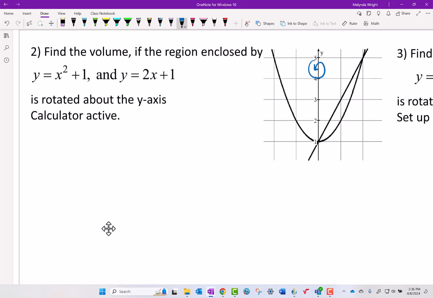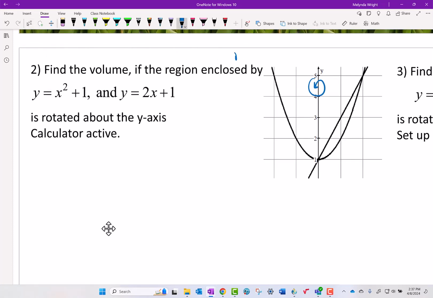When we're rotating about the y-axis, we have to have y's. We have x's. And that's non-negotiable. We have to use y's. So I'm going to have to redo both of those equations to be x equals equations and not y equals equations.